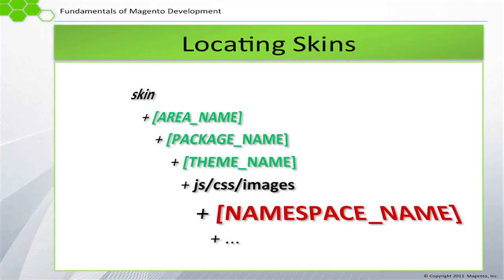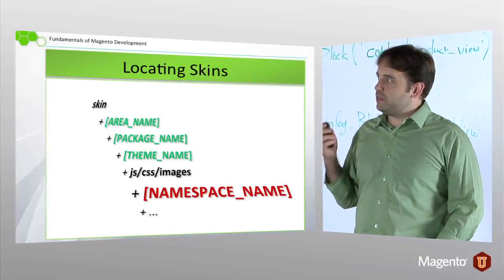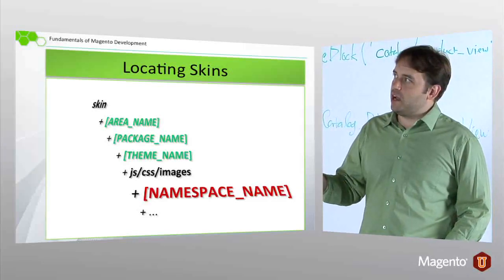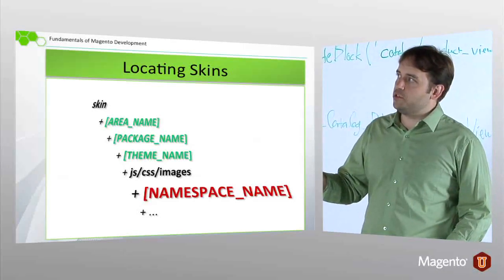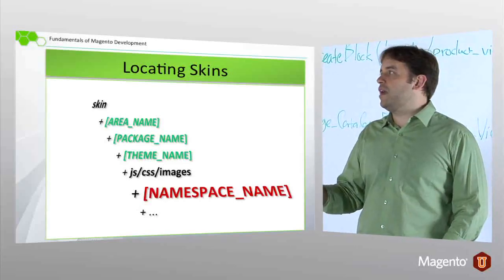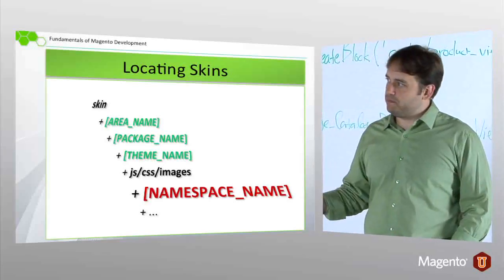Now, skins. So skins are also specified in configuration, or you fall back to front end, for example, front end base default. But yeah, it's a similar convention. Instead of app design or skin design, you just have app design front end or skin front end, and then your package name, your theme name.